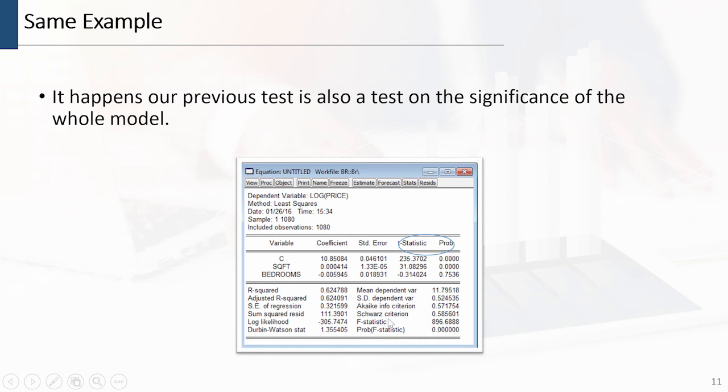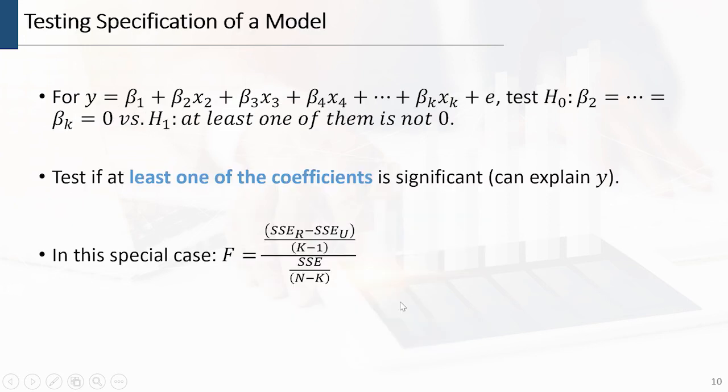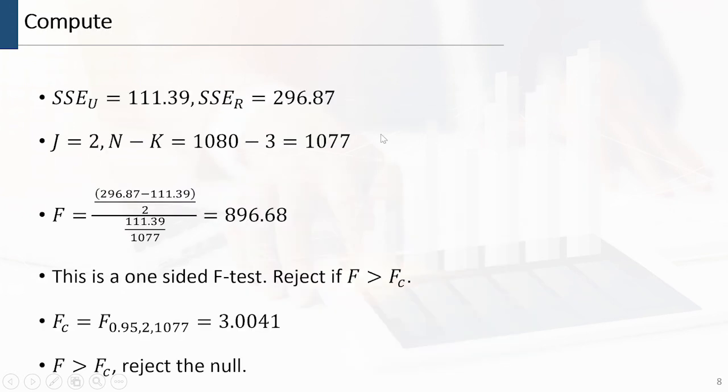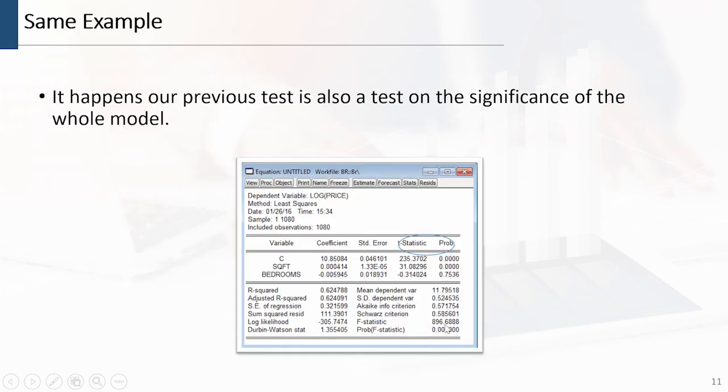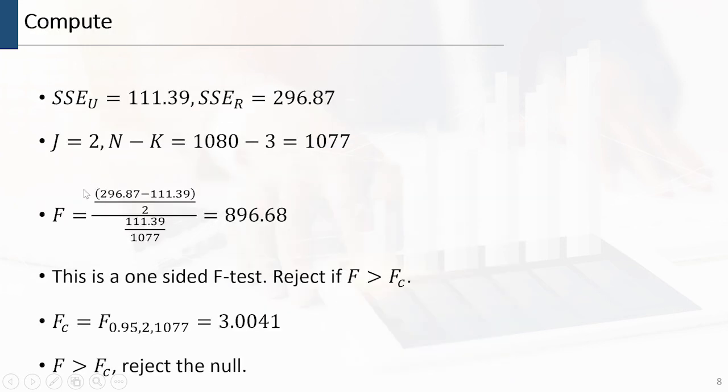So when you see this, you should know that the model as a whole is significantly different from 0, so at least one of the coefficients is different from 0. Also remember that for this special model, it's just what we did just now. The F statistic in this output is exactly the same as the F statistic we calculated by hand, which suggests that we did the right thing here.